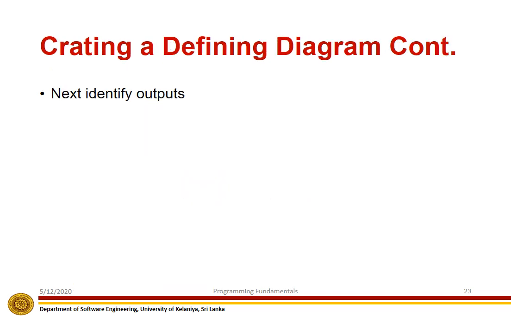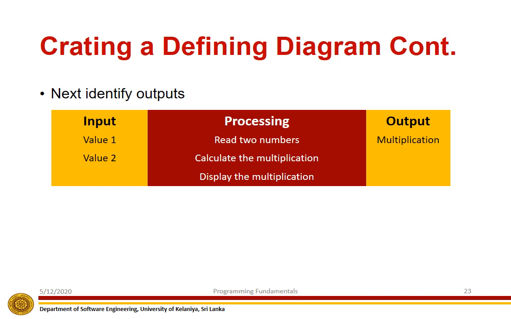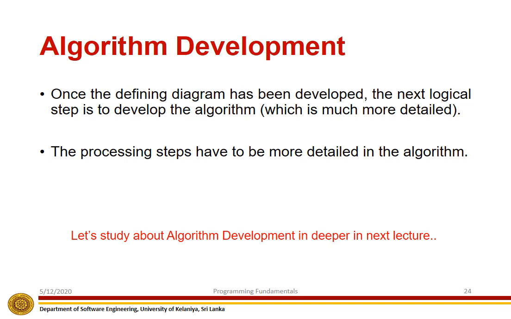We have to identify the output. The output is the multiplication. Now the defining diagram has been developed. You have to try to develop the algorithm now. I will explain the algorithm and algorithm development in more depth in the next lecture.